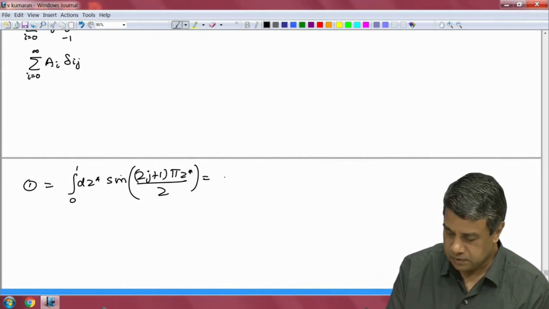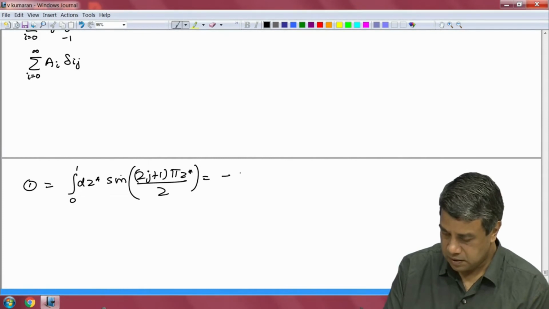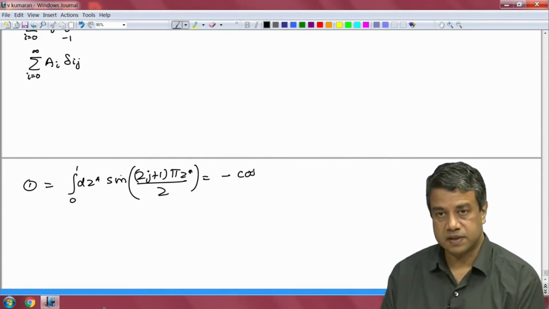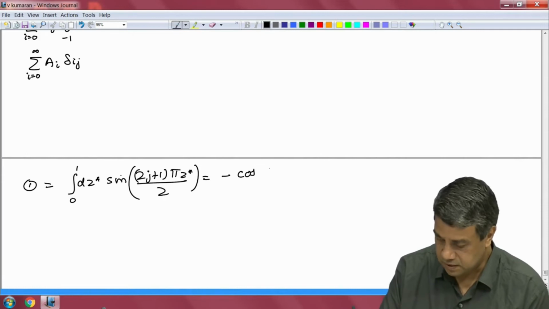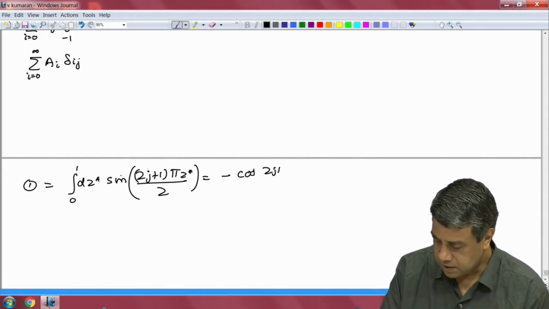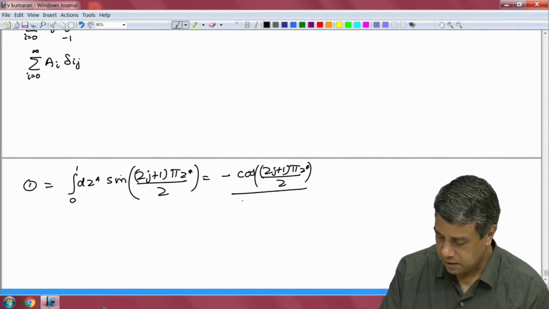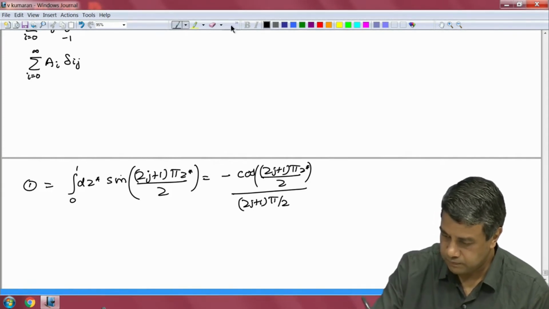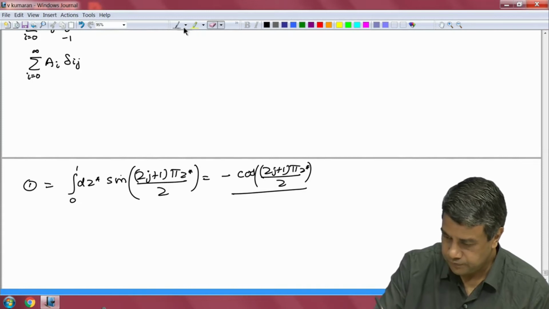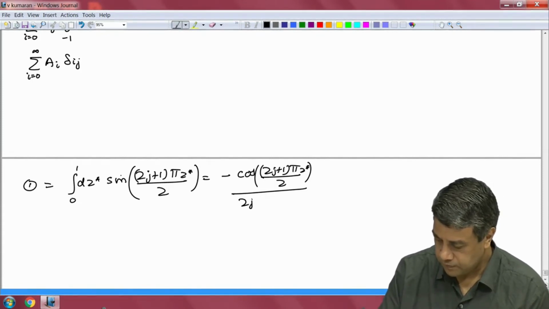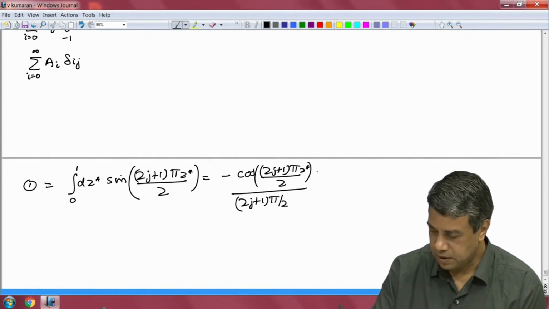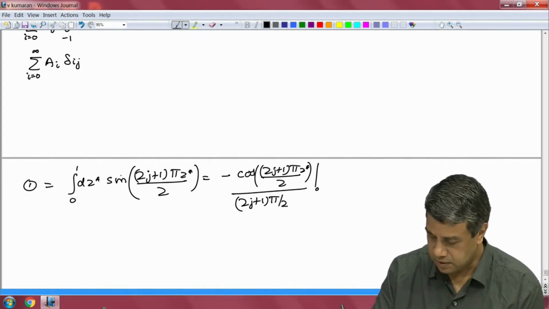So, this will be equal to minus cos, because the derivative of cos is minus sine. Okay, so, this is minus cos of (2j plus 1) pi z by 2 divided by (2j plus 1) pi by 2. Okay. This is evaluated between 0 and 1.